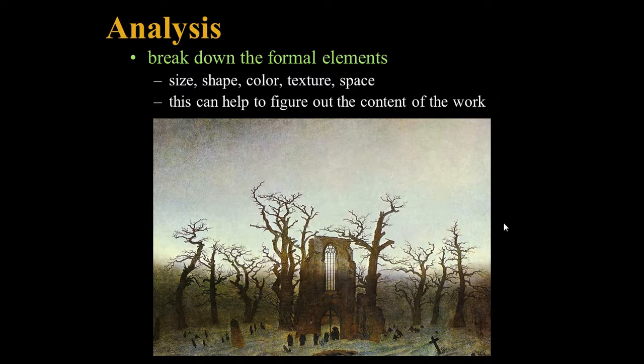This is the same thing as description, where you're simply listing things. You're not really doing any analysis beforehand. However, in what we're doing and breaking things down, we are going to do a little bit of analysis at the same time, just to help things make a little more sense as we go.